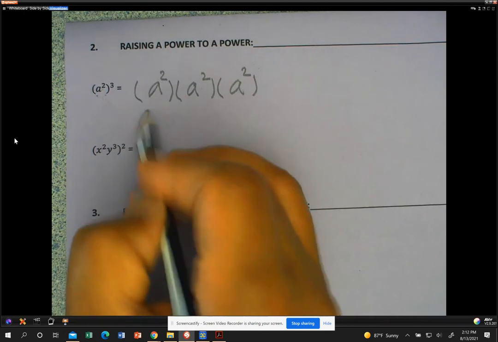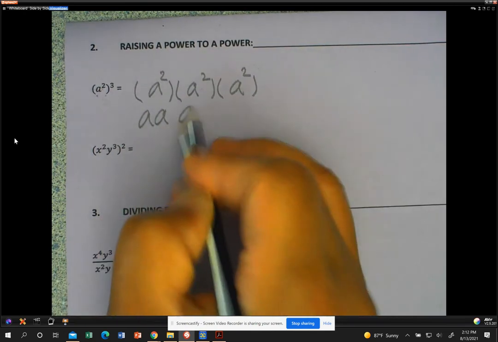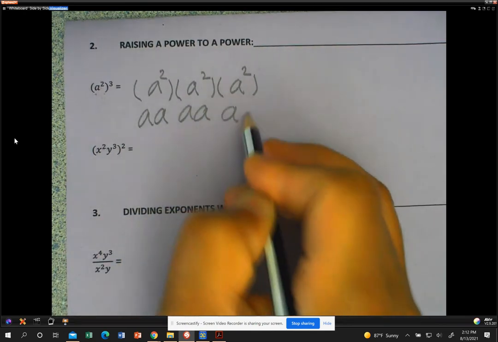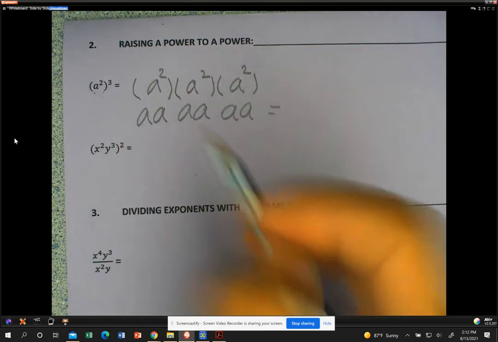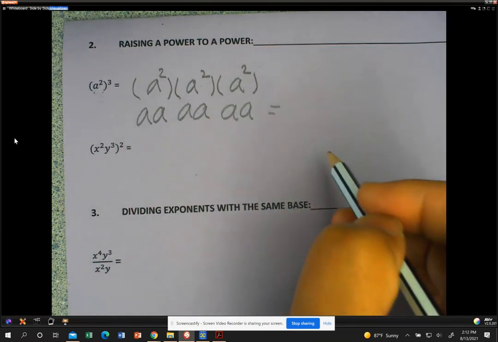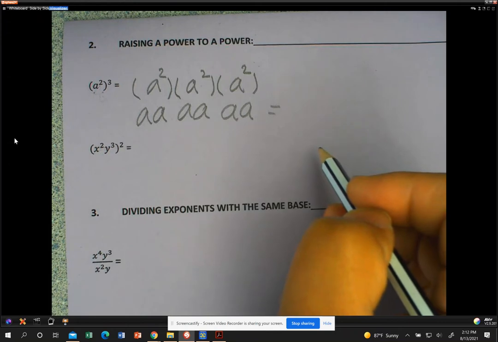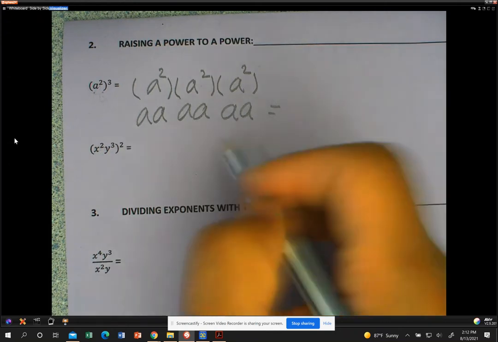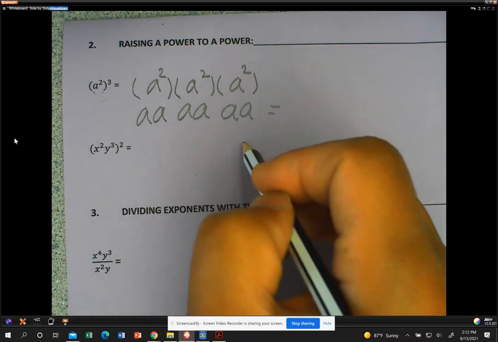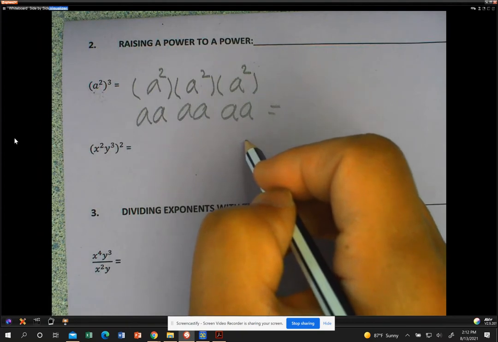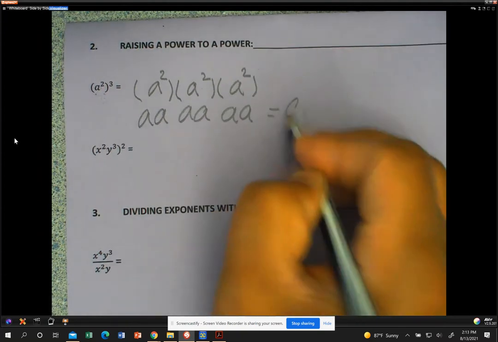Isn't that a, and this is a, and this is a, and so on. This is how you expand if you want to. That's how you break this down. So after you break everything down, how many a's do you see? 6. So this is a to the 6th power.